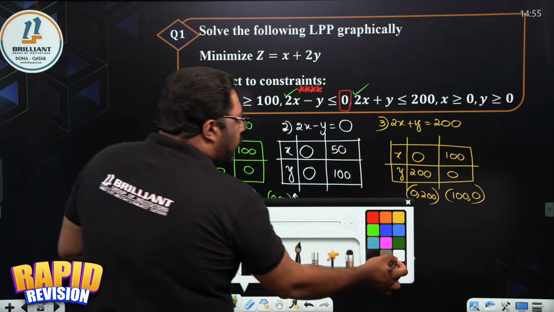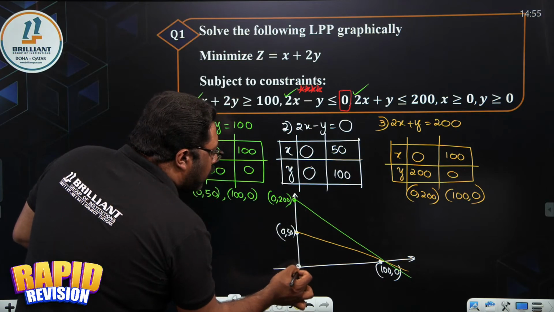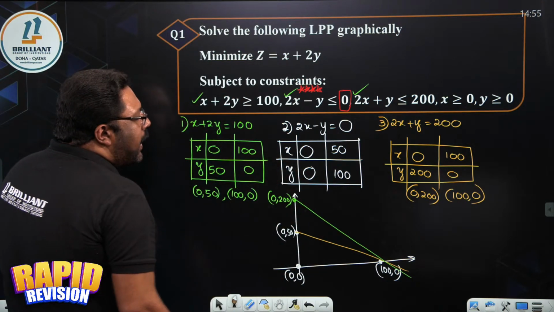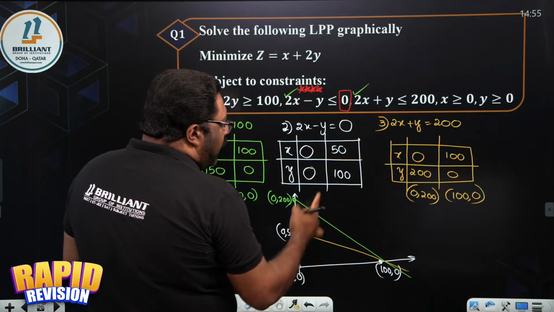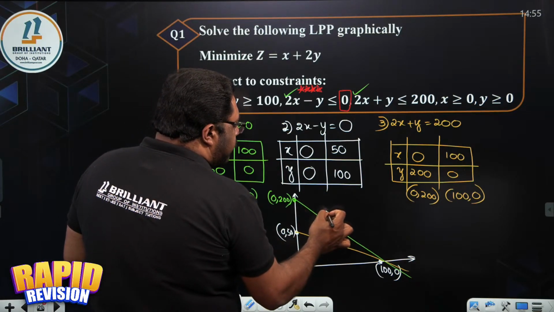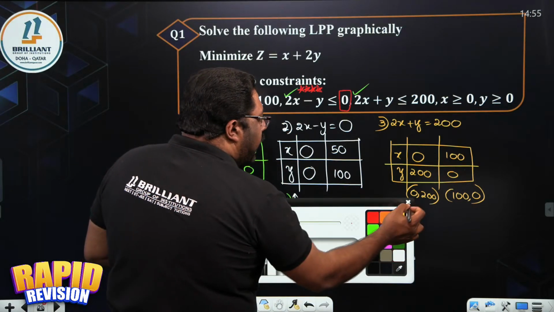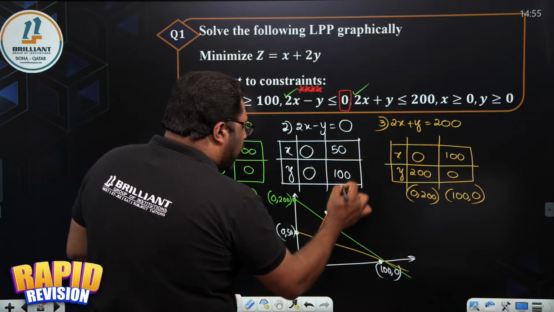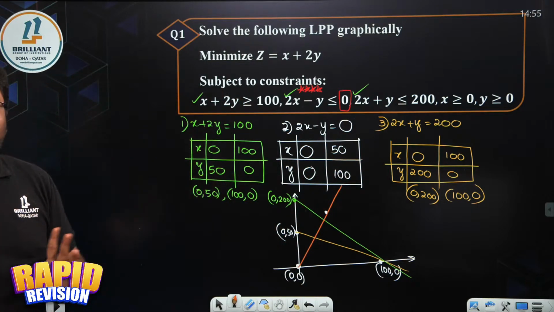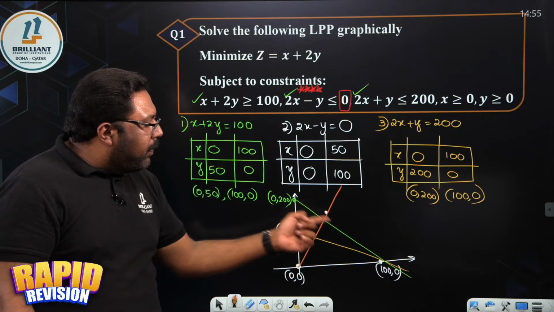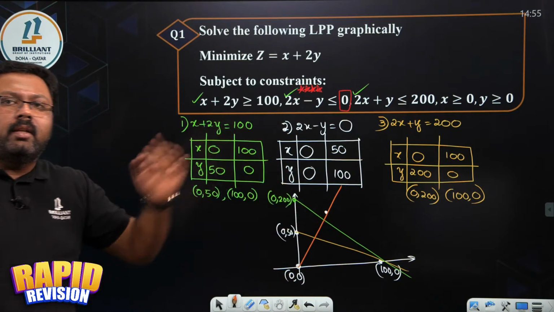Now the third line starts from the origin, and the second point is somewhere between 50 and 100, somewhere over here. It's a rough diagram, my dears. I need not draw a perfect diagram. I got this graph. I think everybody understood how each line came.